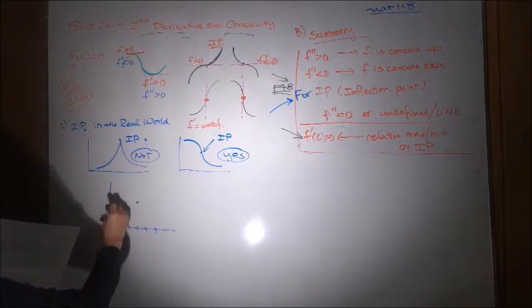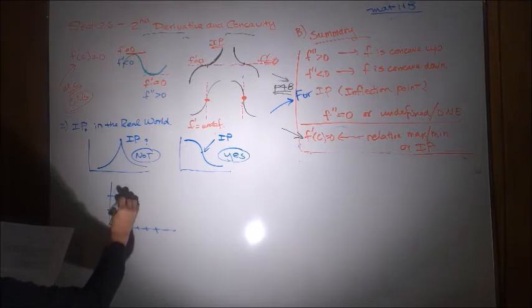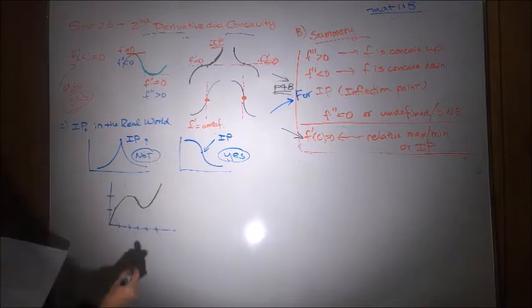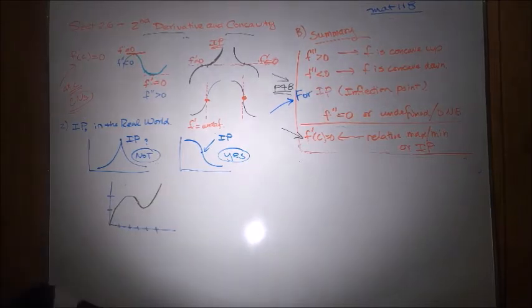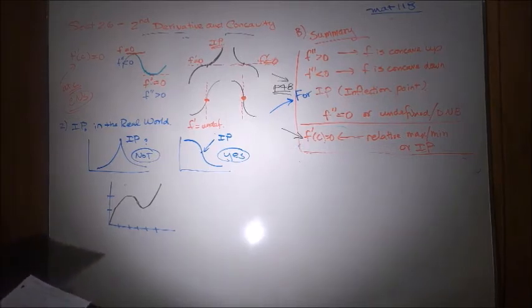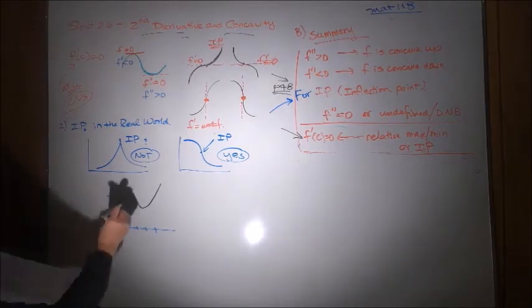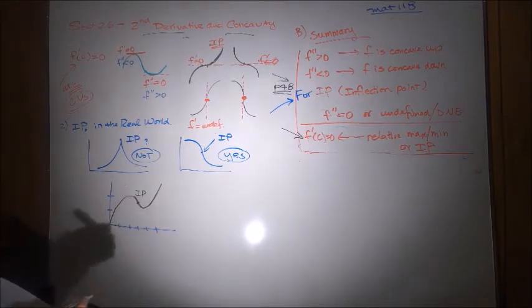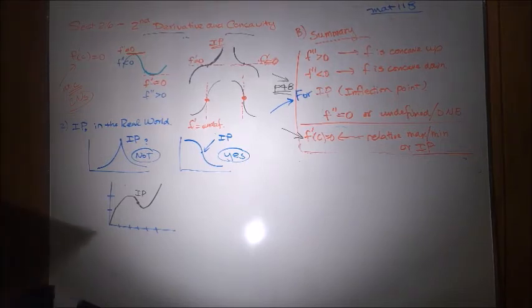So it goes like here, here, and here, and here and up, just like the example we just went through on your page 49, right? So what does it tell you? So this is the IP we have, right? Because f prime prime is 0 at this point, okay?